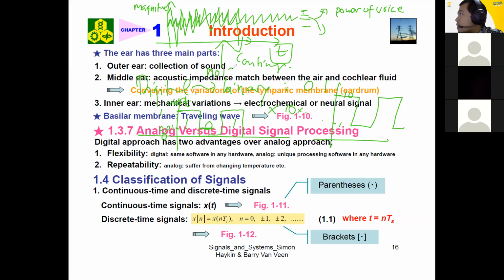noise. We put noise, something like this. Usually noise is located in high frequency. So the signal I put here, this is the original signal, plus noise, usually being like this.